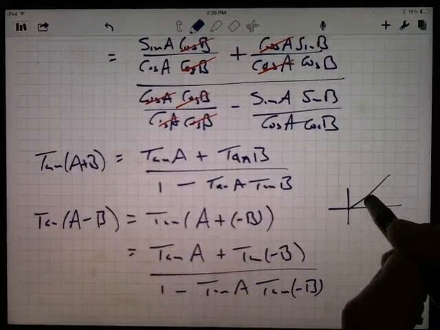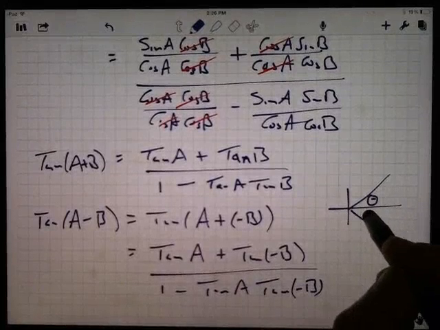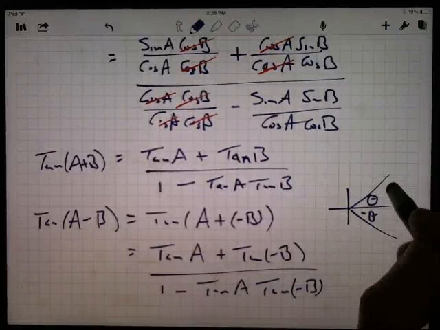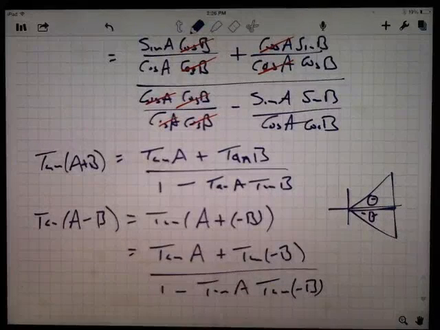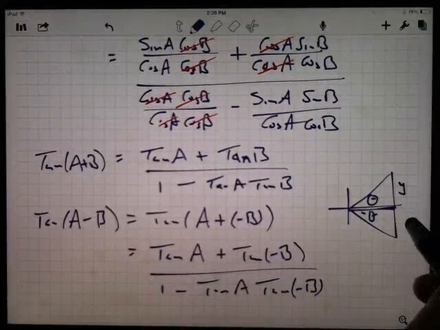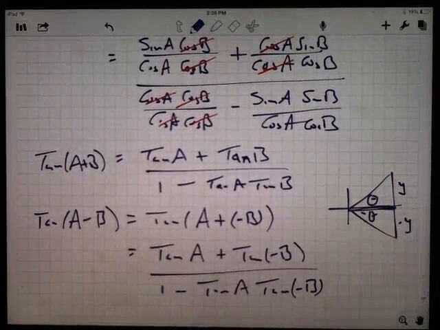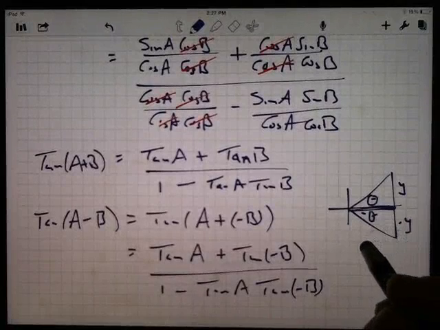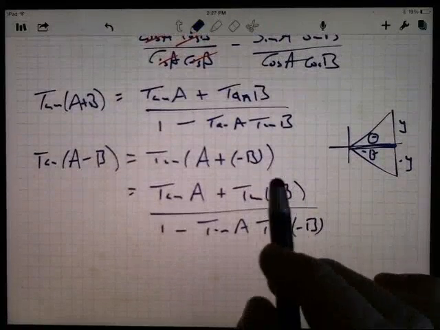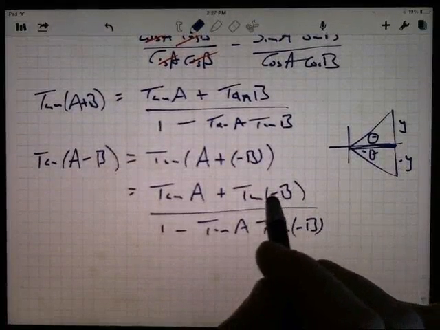If I have an angle theta and an angle of minus theta, the tangent is the y-coordinate divided by the x. The difference is where that is a positive y, that's a negative y. Both x's are the same. So the tangents are opposite, and the tangent of minus theta is going to be minus the tangent of theta. This minus sign is going to come out.